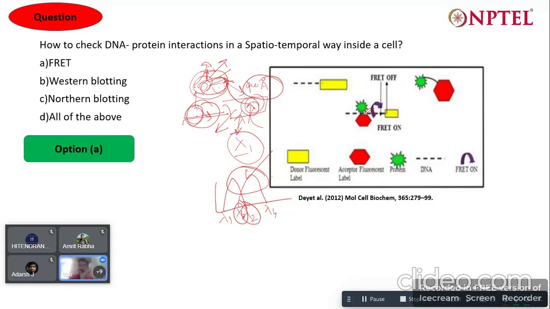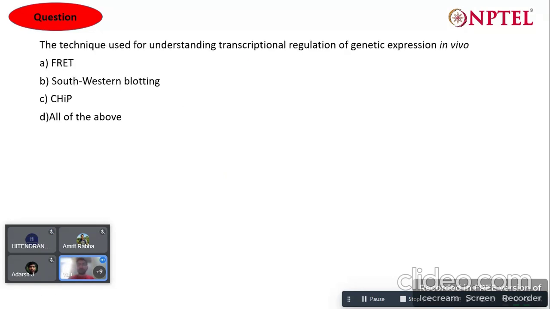So, understood everyone? Okay, now we move on to the next question. The technique used for understanding transcriptional regulation of gene expression in vivo. Which technique from these can be used to understand the transcriptional regulation in vivo? Can anyone make a guess?